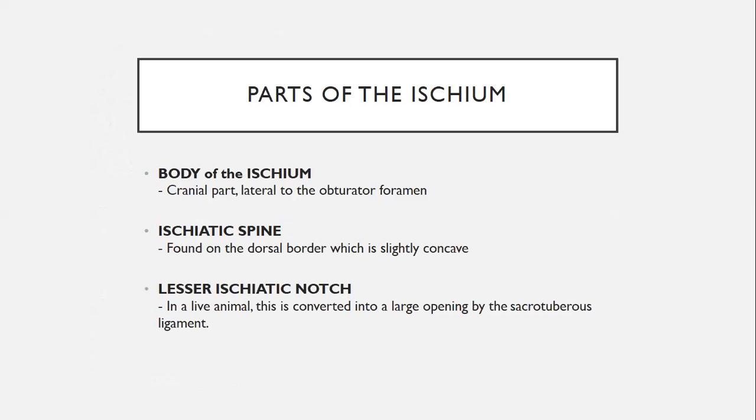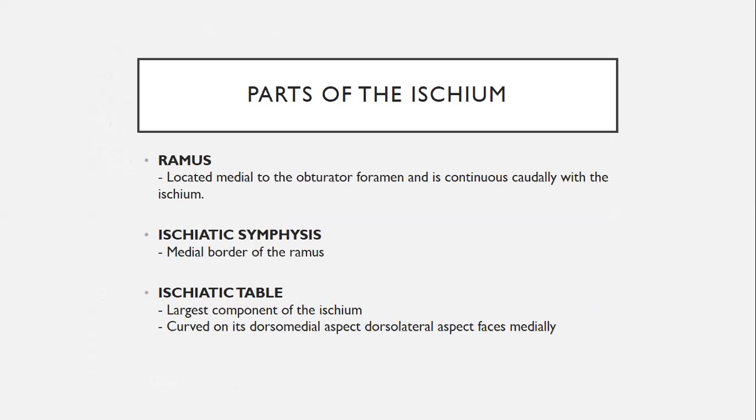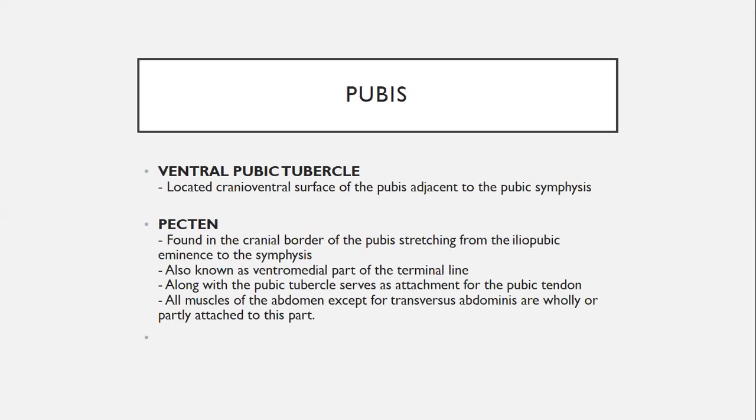They also have a lesser sciatic notch, which is converted into a large opening by the sacrotuberous ligament in live animals. Ramus, located medial to the obturator foramen, is continuous caudally with the ischium. And then we have the ischiatic symphysis, the medial border of the ramus.